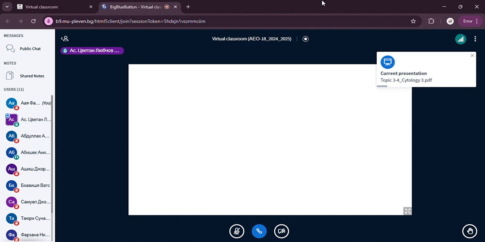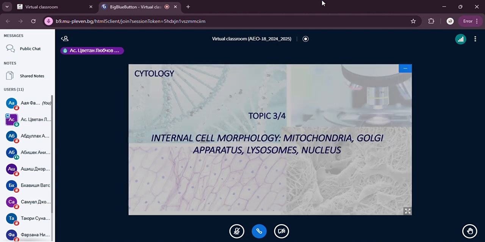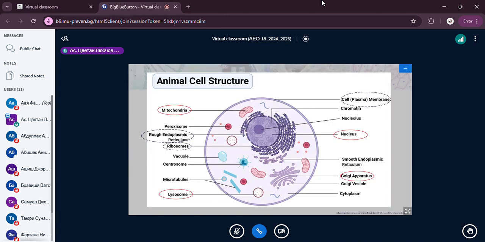And then we move to the first part of the second presentation, in which we're going to talk about mitochondria. The nucleus, as I said before, we will leave for the next time. First the structure of the cell. This is the animal cell, guys. So far we were talking about the cell membrane, as you're going to see.